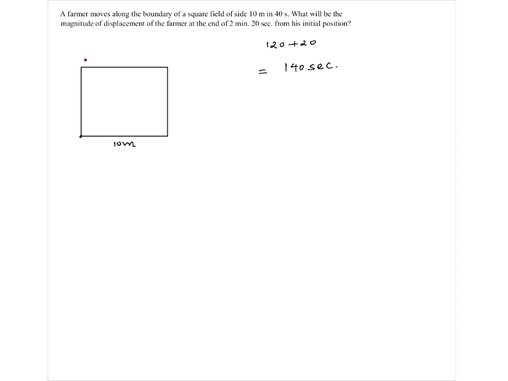Let's see. Wouldn't the farmer be here? So 35 meters.